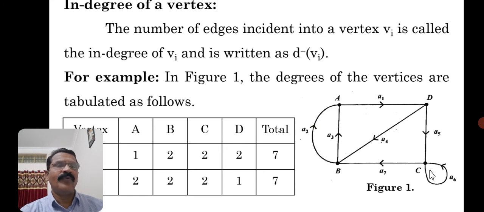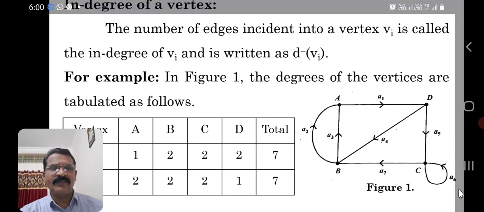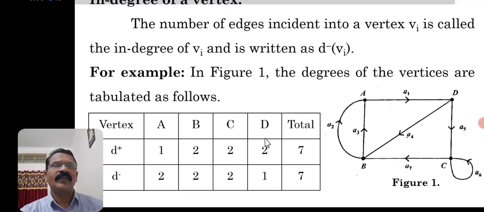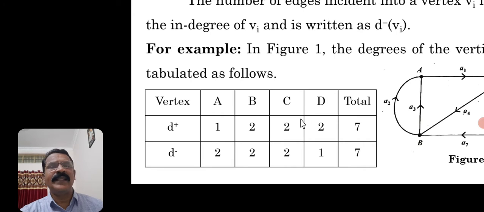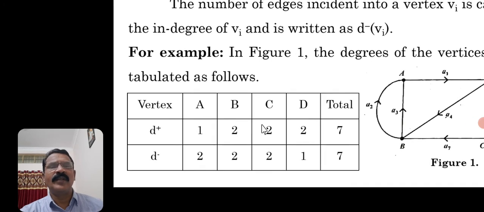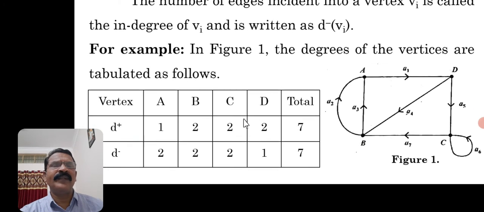Similarly, the loop, you can say it is incident out. Of course, it is reaching C itself, but first it is incident out from the vertex C. So the out degree of the vertex C is 1 plus another 1, 2. So you can see here the out degree of C is 2. Similarly, what would be the degree of D?